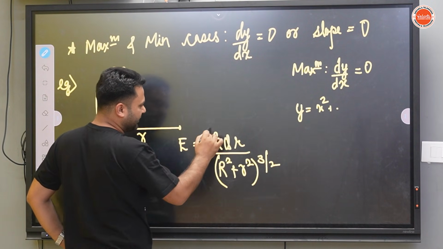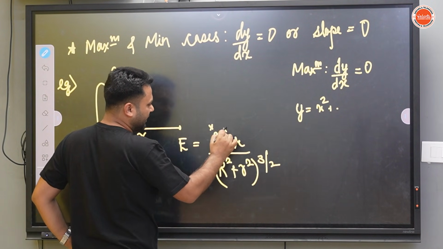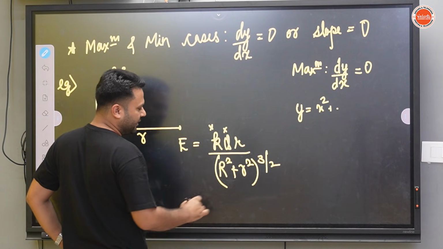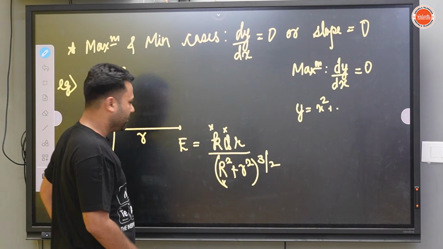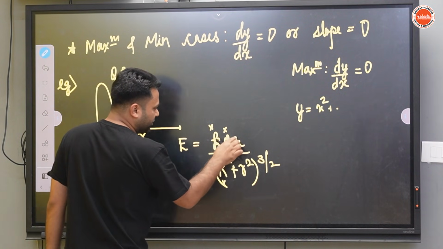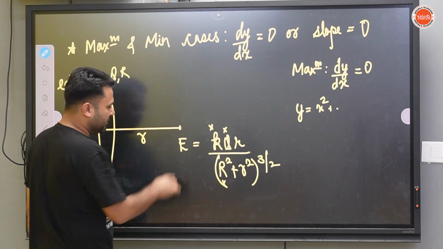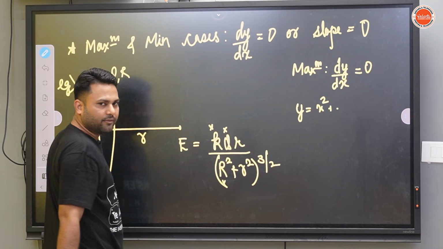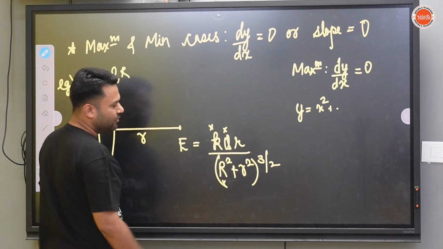Here what are variables? See, this k is constant, this capital Q is also constant, this capital R is also constant. These are fixed values. So if you change small r, this will change. Means this is Y, this is X, because all other things are constant.